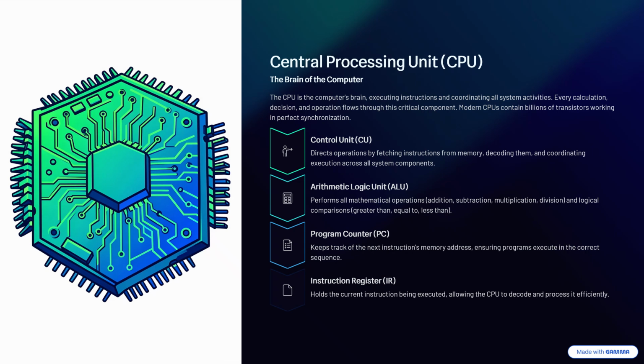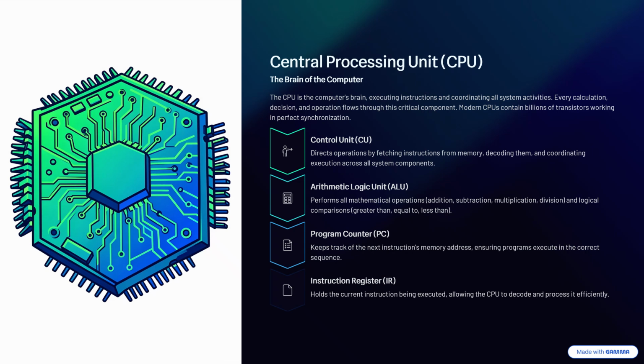After that comes the program counter, known as the PC. Imagine you are following a recipe. The program counter is like your finger pointing to the next line of the instructions. It keeps track of the memory address for the next task, making sure that the computer stays in the right sequence and does not skip a beat.